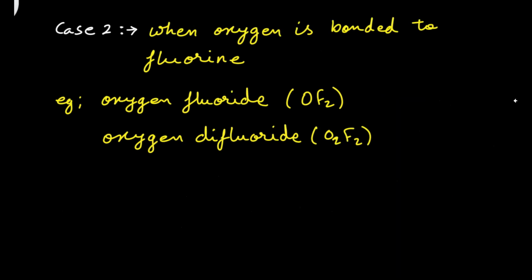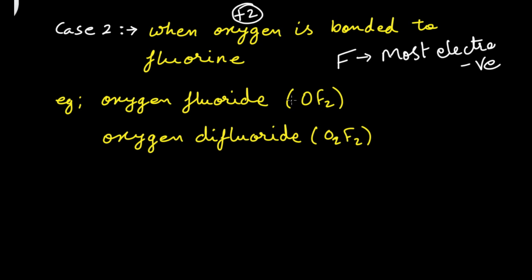Case 2. What is case 2? When oxygen is bonded to fluorine. Now the concept of electronegativity will come into play. Fluorine is most electronegative. Right? Now when fluorine is combined with oxygen, the oxidation state of oxygen will become +2.